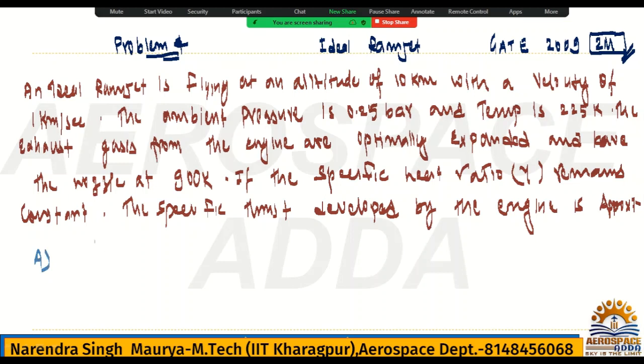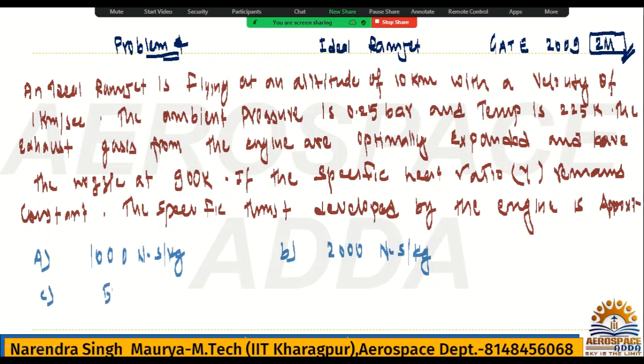Option A, 1000 Newton second per kg. Option B, 2000 Newton second per kg. Option C, 500 Newton second per kg. Option D, 4000 Newton second per kg.